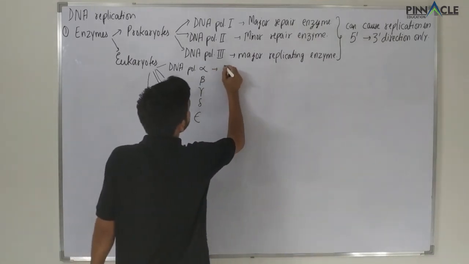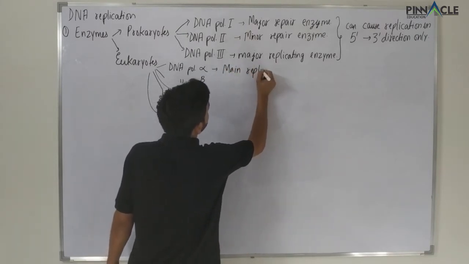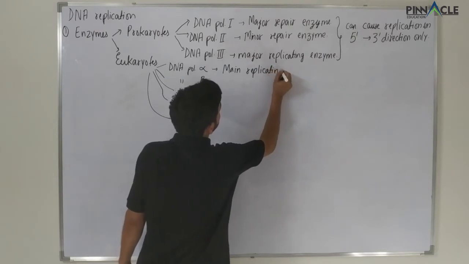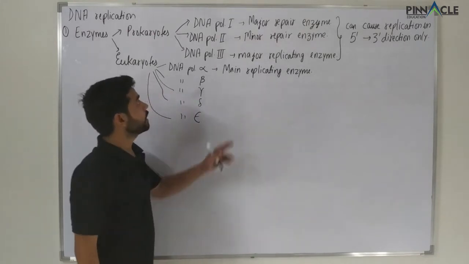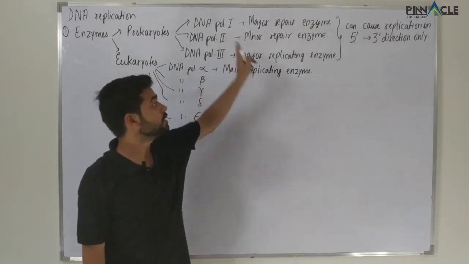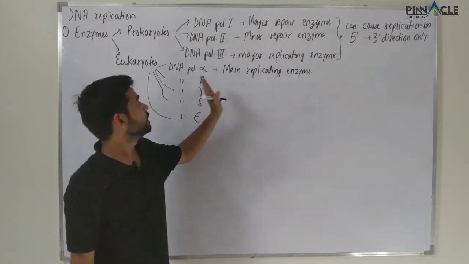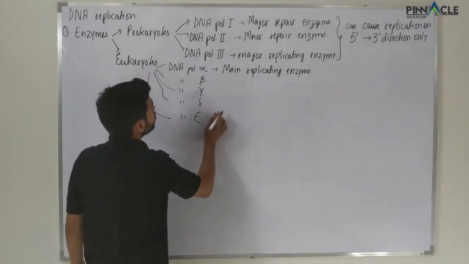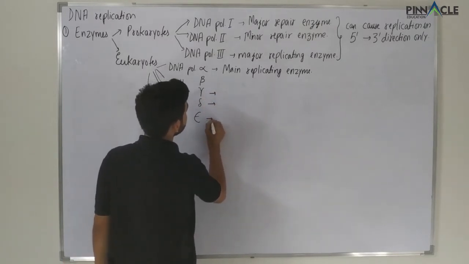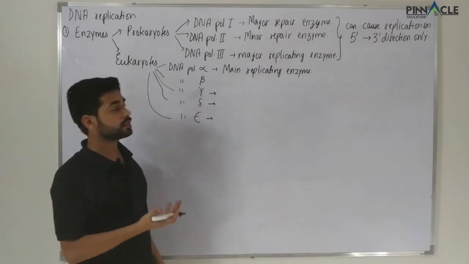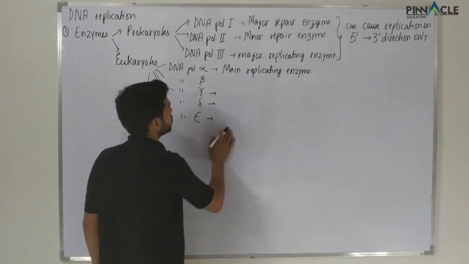This is the major replicating enzyme. Just like DNA polymerase 3 is the major replicating enzyme in prokaryotes, we have DNA polymerase alpha. We will study later that DNA polymerase gamma, delta and epsilon have a secondary role, but delta and epsilon have a very important role, and we have to study those first.